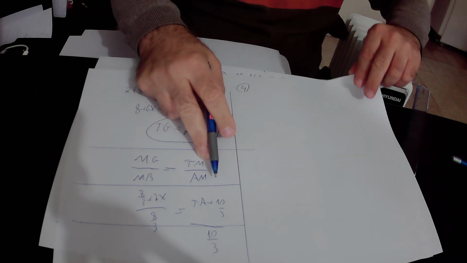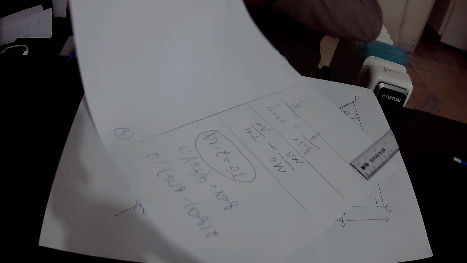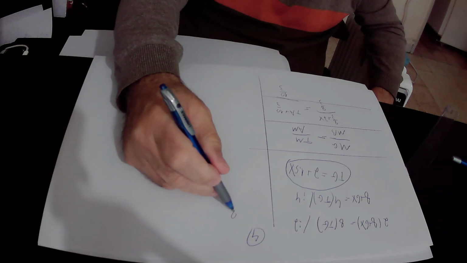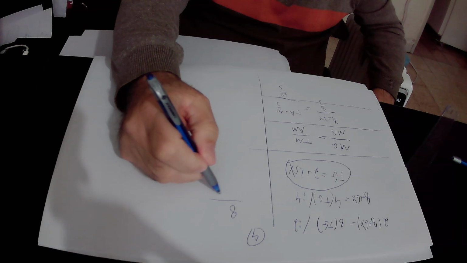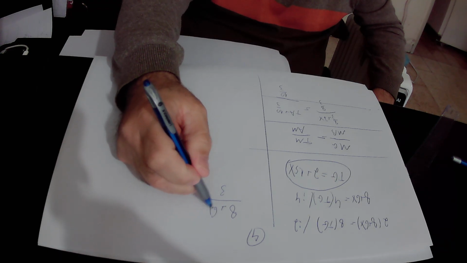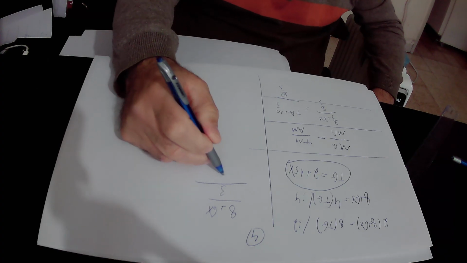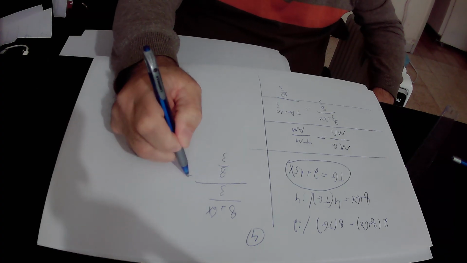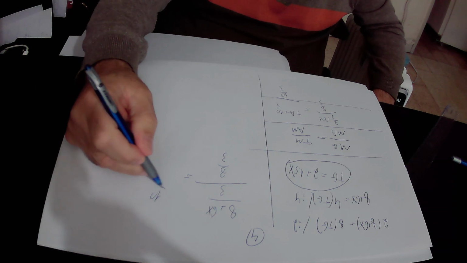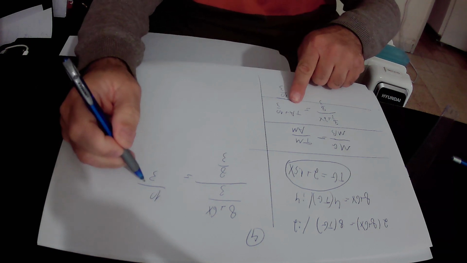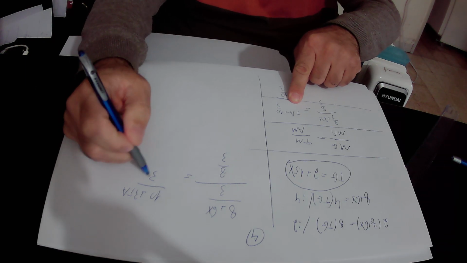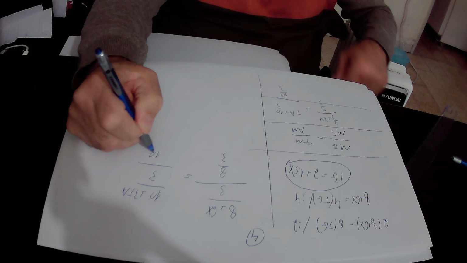We do it now and we get that 8 over 3 plus 2x times 3 is 6x, over 8 over 3, equals 10 over 3 plus TA times 3 is 3TA, over 3, over 10 over 3.